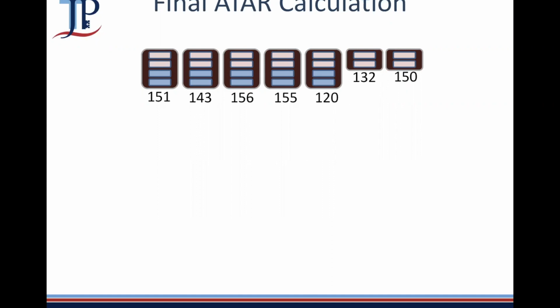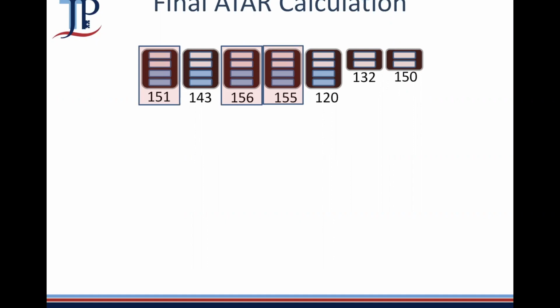How is the final calculation done? We know that those course scores are discounted, that one of those units in a major is already out the door. To get an ATAR, your 3 best majors count. Most of you, not all, most of you will have 5 majors and a minor.